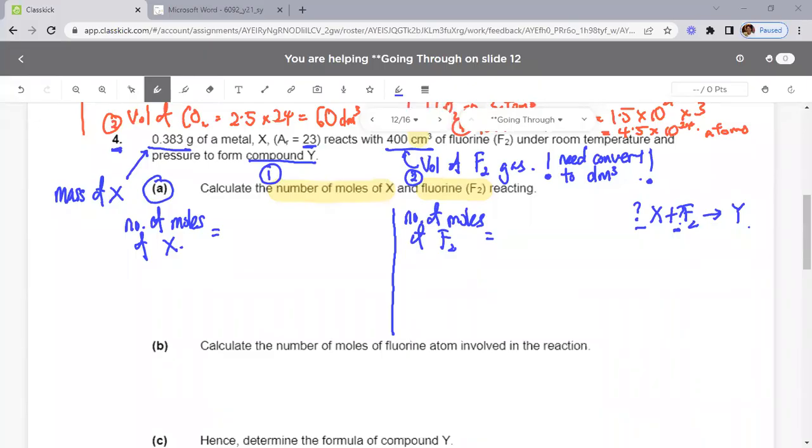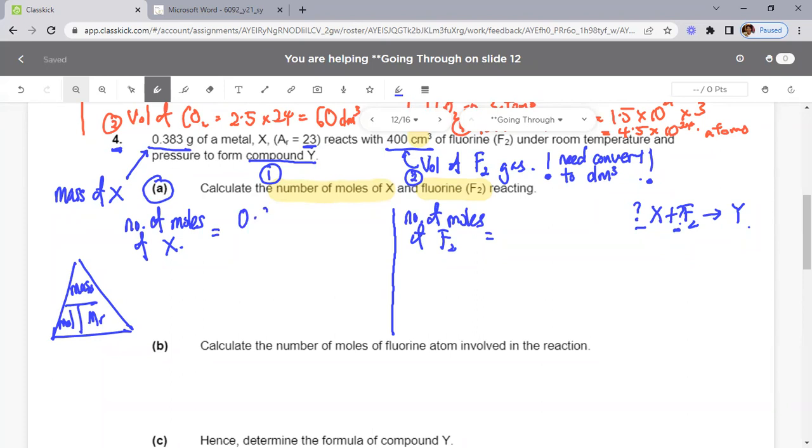So let's start. For the first one, you're given a mass of X, and I want to find the mole. I'm going to use a triangle: mole, MR, mass. Somebody might say, this one has no MR. MR is the relative molecular mass, so it's for a molecule. But in this case, X is not a molecule, X is an atom, so we're going to use AR instead of MR. It's the same idea: the relative atomic mass of X. To find the mole, I take the mass divided by the AR.